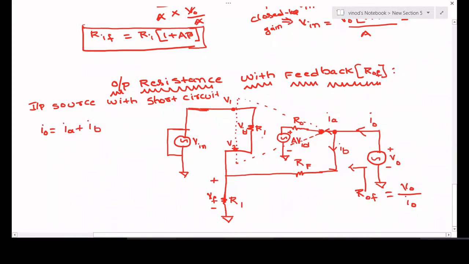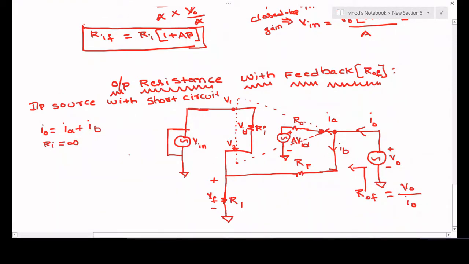But you see the input resistance. This is the input resistance Ri of the op-amp. IB is the current flowing through this network to the input terminal of the op-amp. As Ri is very high, ideally infinite, practically it may not be infinite, but it will be a very high value compared to RF and R0.